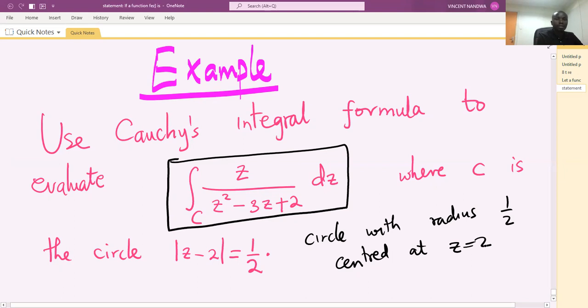The first thing is to interpret the kind of integration or the kind of contour you are trying to integrate on.